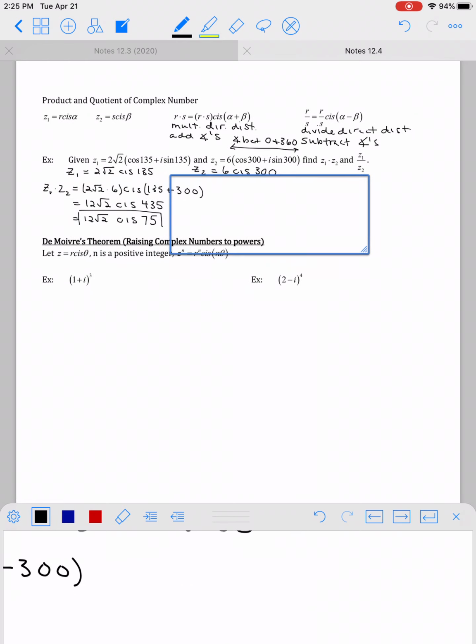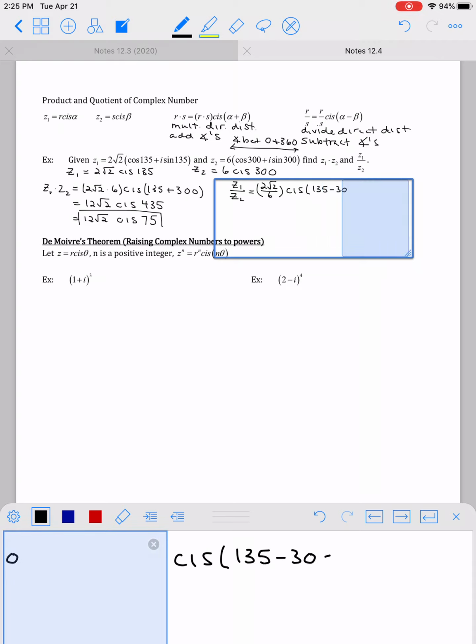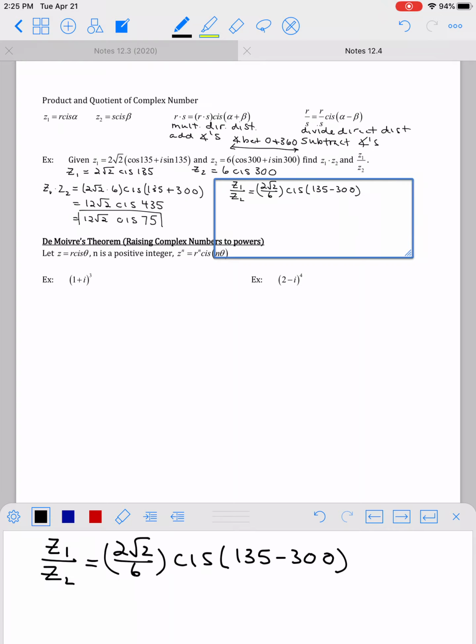Okay, so really the formula looks like it's going to be bad, but it really isn't. Z1 divided by Z2, we're going to take the two directed distances and divide them, write down cis, take the two angles and subtract them, and then simplify.